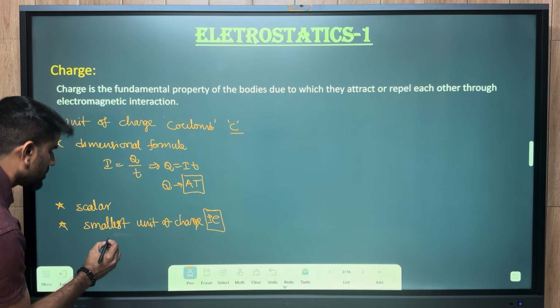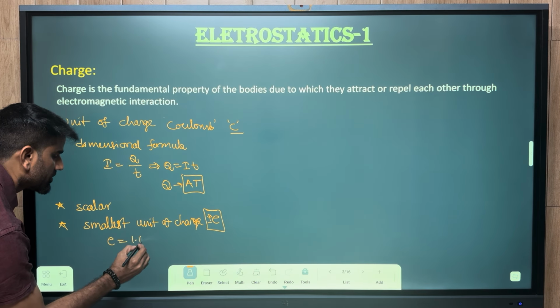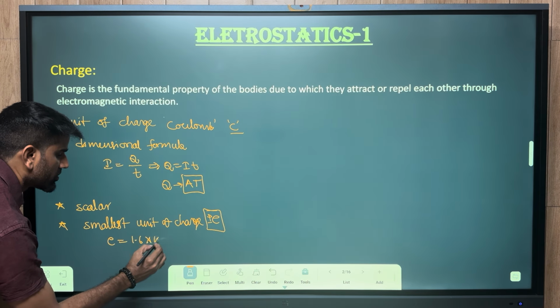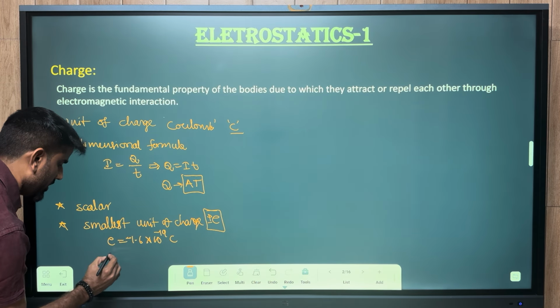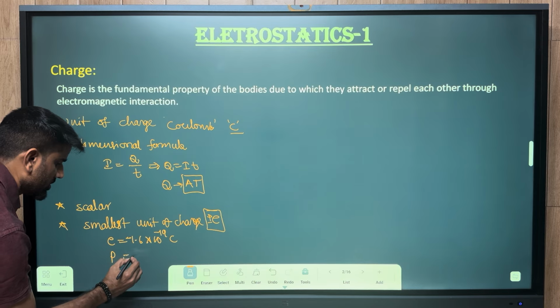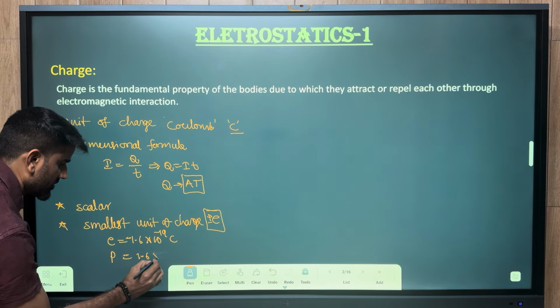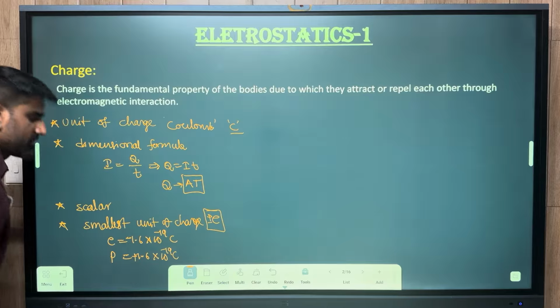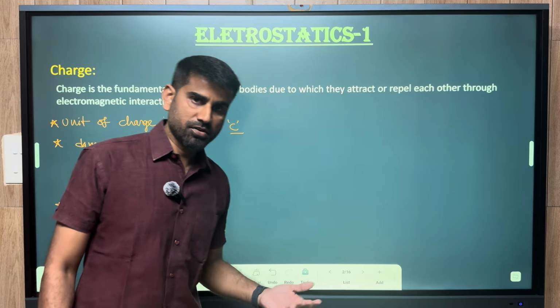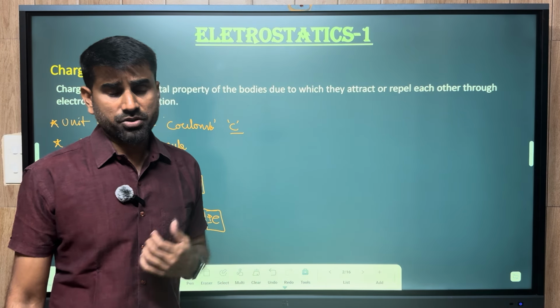The charge of an electron is 1.6 times 10 to the minus 19 coulombs, with a minus sign, and the proton charge is 1.6 times 10 to the minus 19 coulombs again, but this time it is plus. So electron is negatively charged and proton is positively charged.